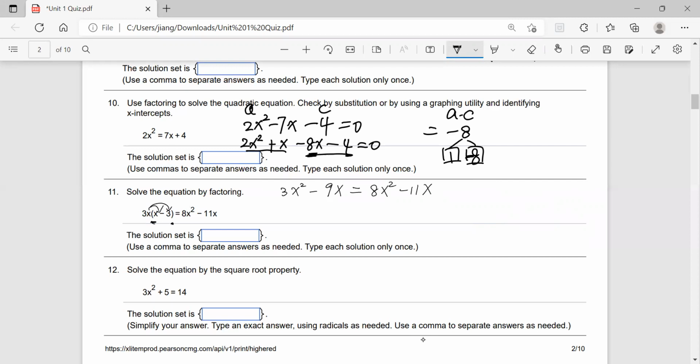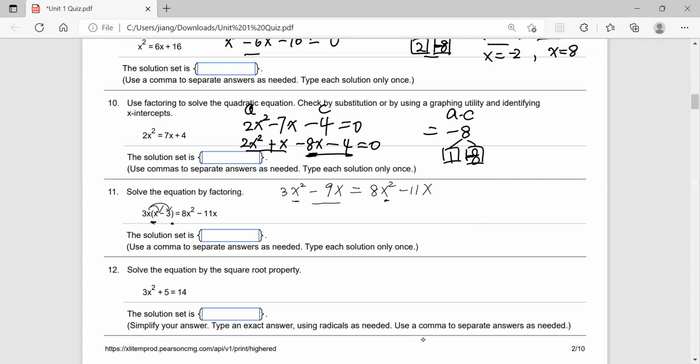So if I want to make a positive leading term, it must be the highest power of x. So I can subtract the 3x squared from both sides. And also, if I want to move everybody to one side, I also need to move the minus 9x. That means I do minus 3x squared and then plus 9x.